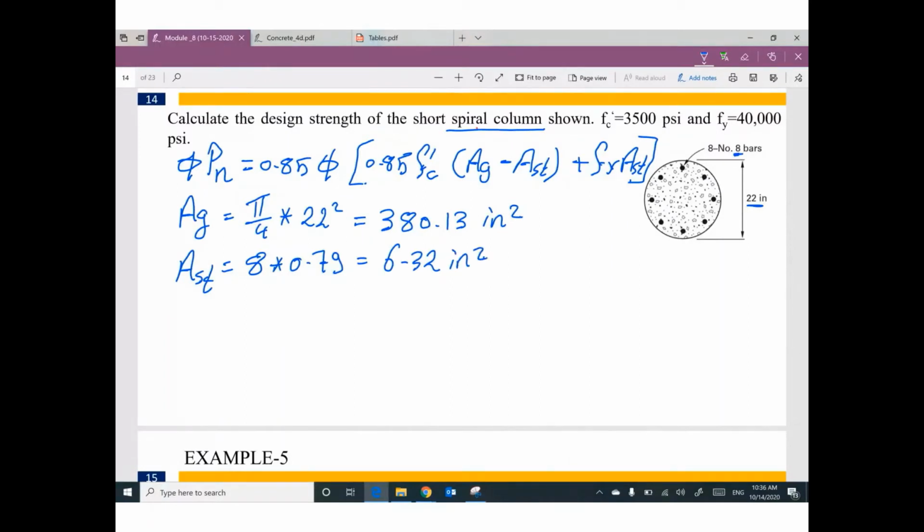So right now I can substitute these values in this equation.